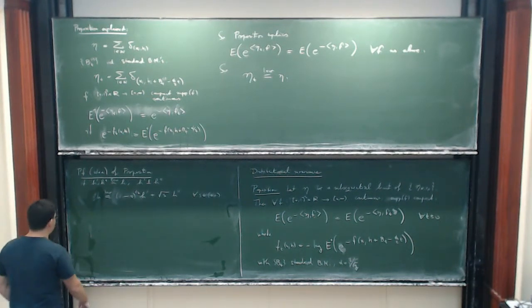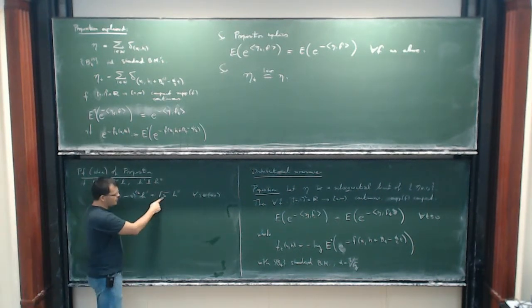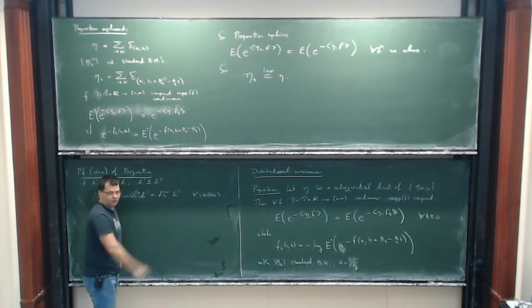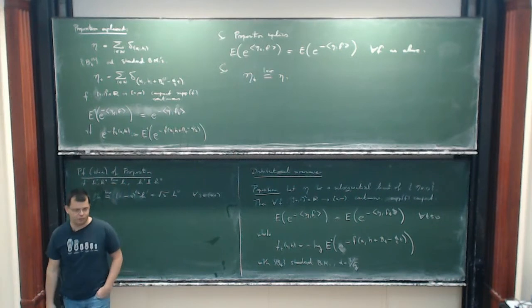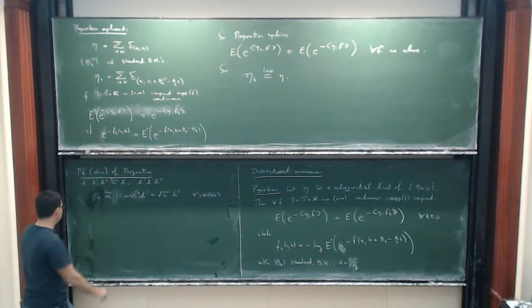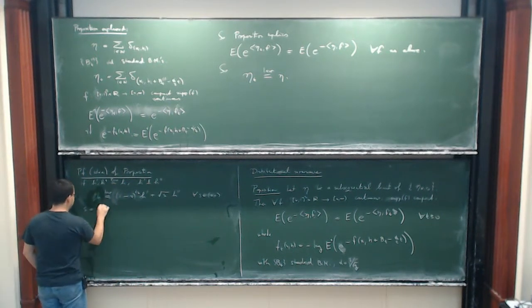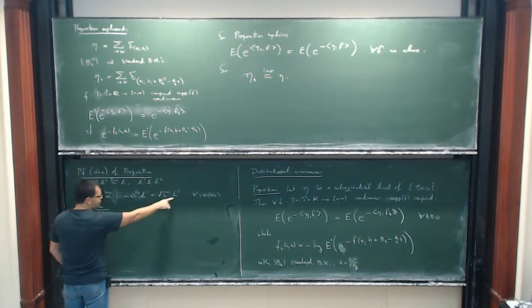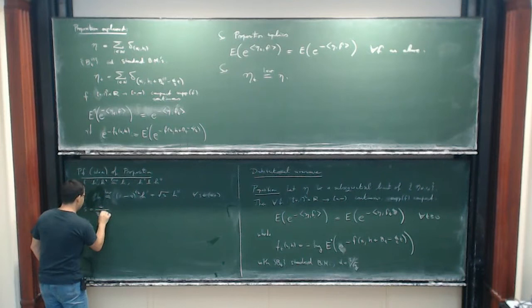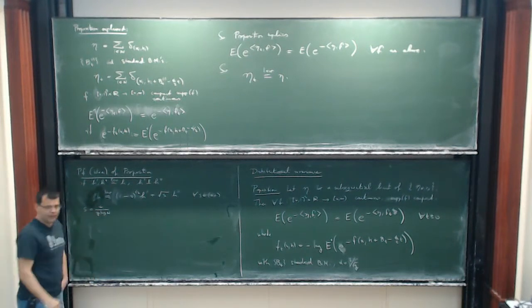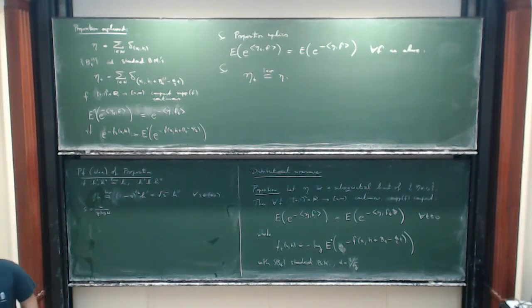I pick a particular s such that this random field will have a unit covariance. The covariance is to the leading order g log n, so I write s to be t over g log n. And I say unit, well, no, it will not be unit. It will be t.